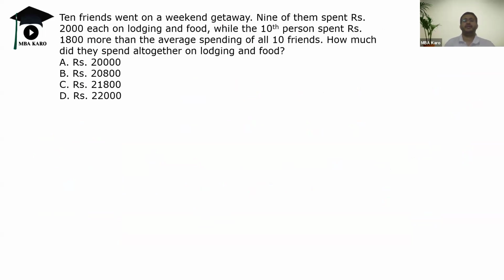Okay, next question. 10 friends went on a weekend getaway. 9 of them spent rupees 2000 each on lodging and food, while the 10th person spent rupees 1800 more than the average spending of all 10 friends. How much did they spend altogether on lodging and food?